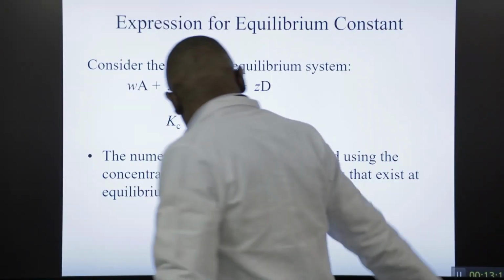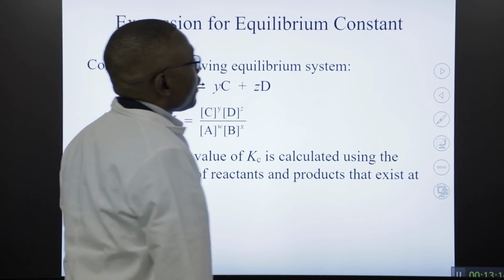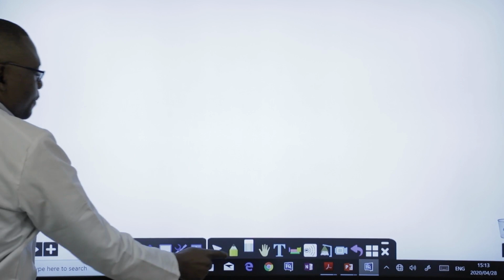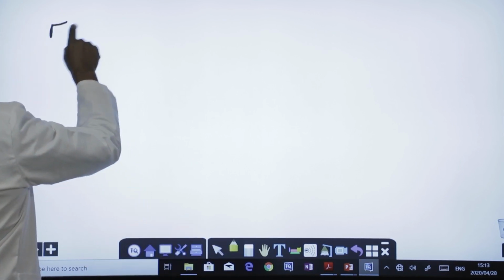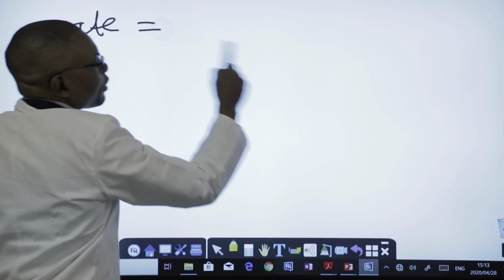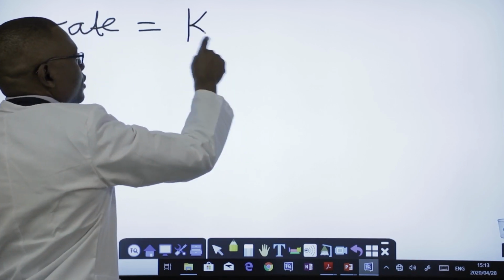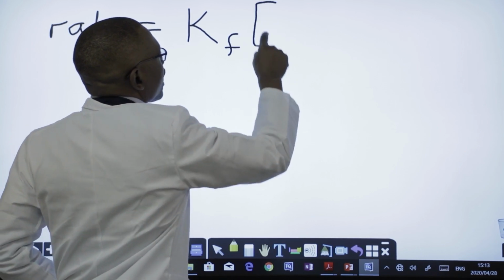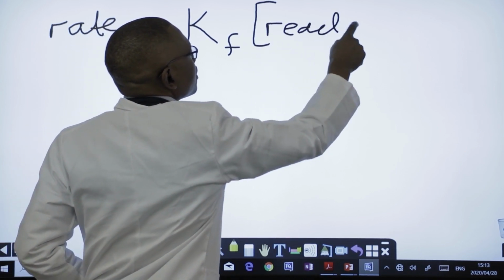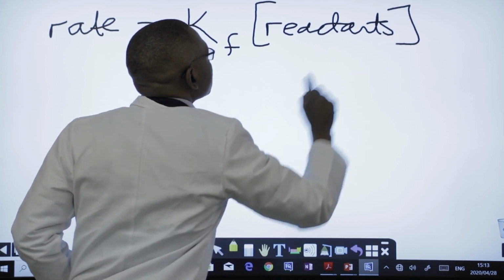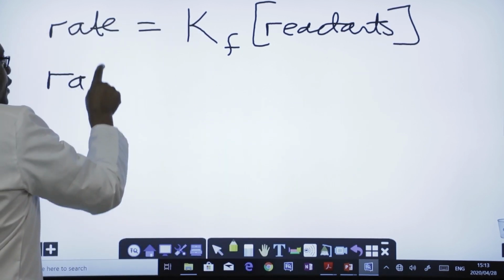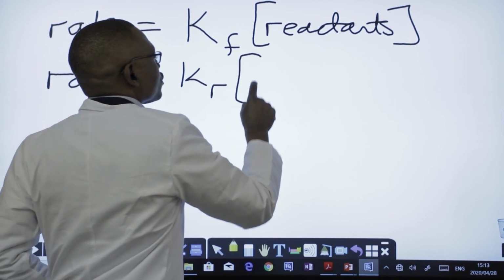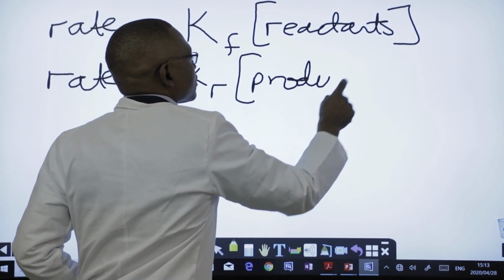So you will notice that if that's the case, we have rate for the forward reaction being equal to the rate constant k for the forward reaction times the reactants, while that of the reverse reaction is represented as k reverse times the concentration of products.